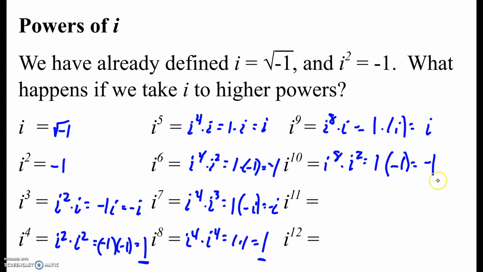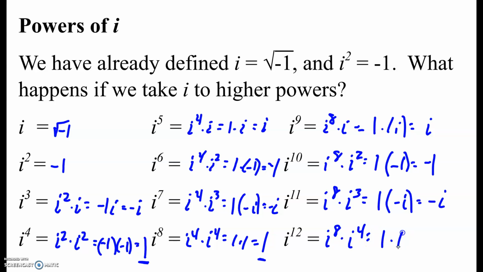And so you can see in this row all -1s. i to the 11th is i to the 8th times i cubed, which is 1 times the opposite of i. And i to the 12th is i to the 8th times i to the 4th, 1 times 1, which is 1.